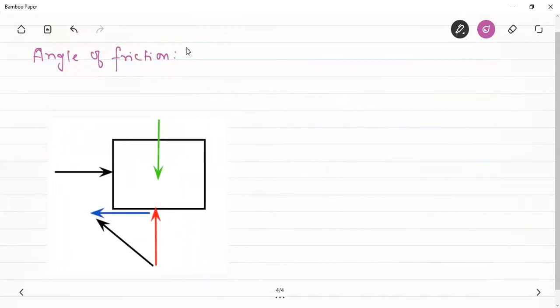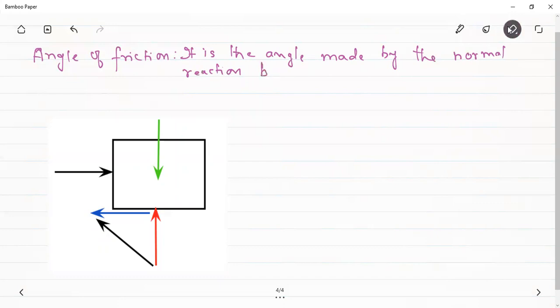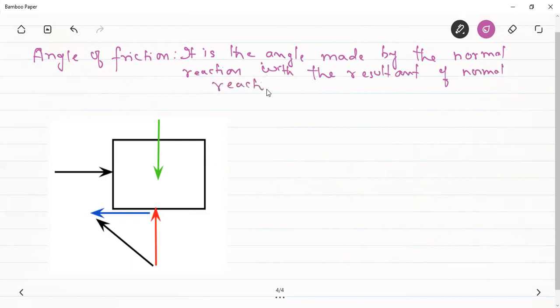It is the angle made by the normal reaction with the resultant of the normal reaction and the friction force at impending motion.